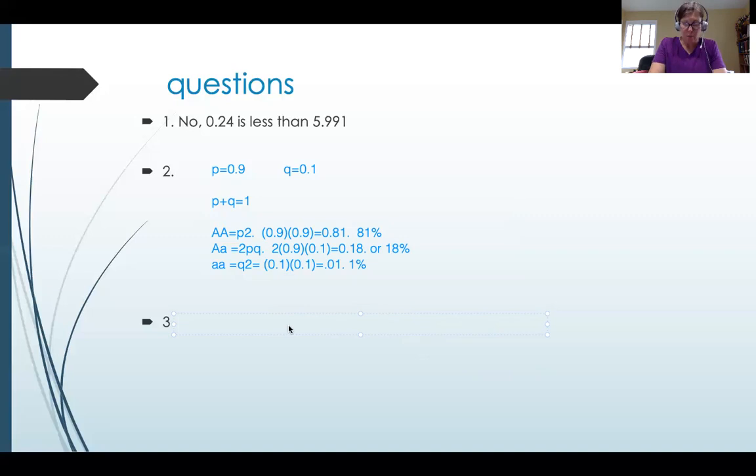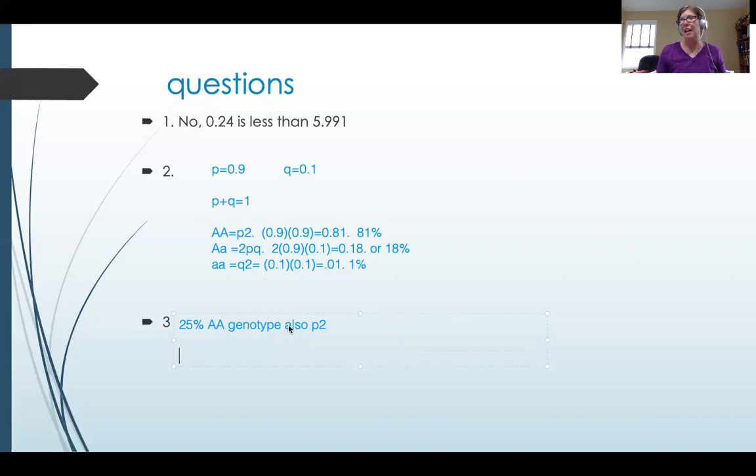All right, problem 3. 25% of a population is homozygous dominant for a particular gene. That's my genotype, and since it's dominant, that would be my P squared. So how do I get P?